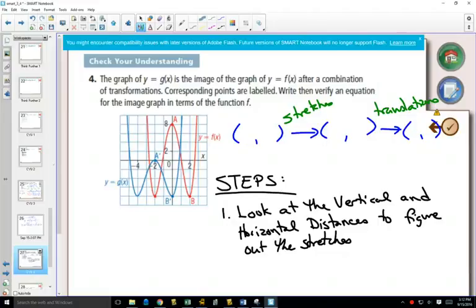Just like we did in the last section where we looked at our vertical distances and our horizontal distances to figure out what x was multiplied by and what y was multiplied by, we're going to do the same thing.